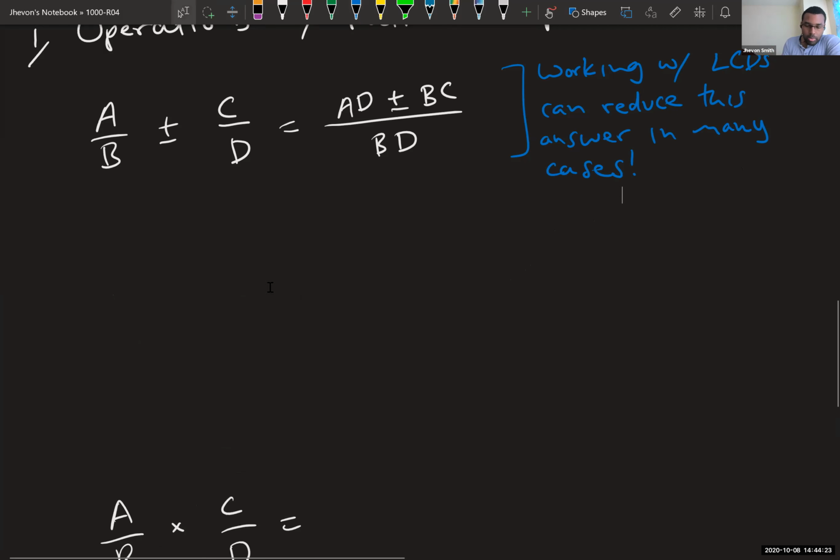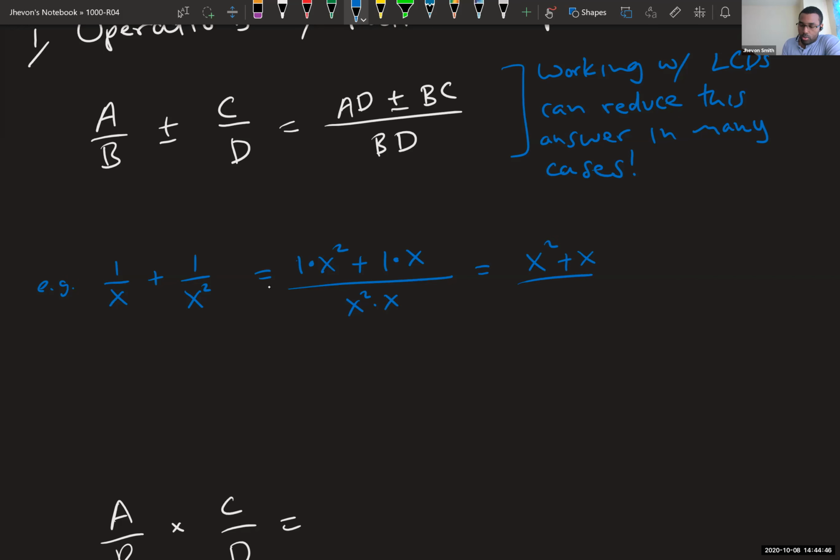For example, if I had, say, 1 over x plus 1 over x squared, I could actually just apply this formula. Take the 1 times the x squared plus the 1 times the x, over the x squared times the x. You notice that you would get x squared plus x over x cubed.